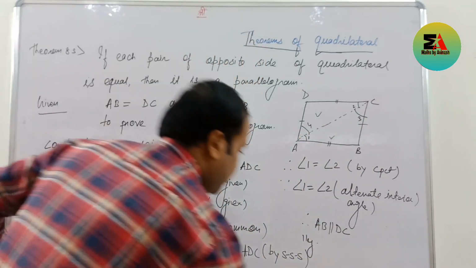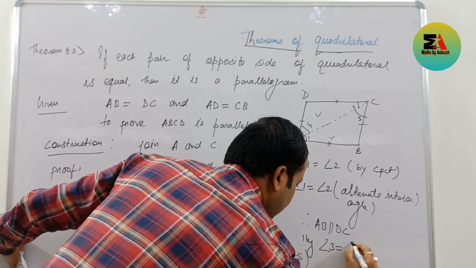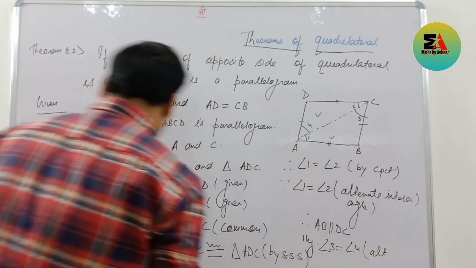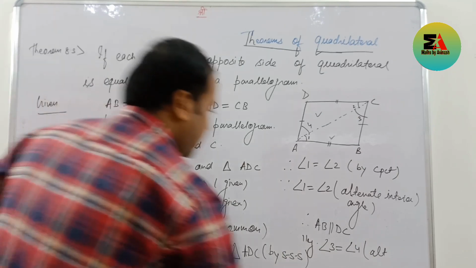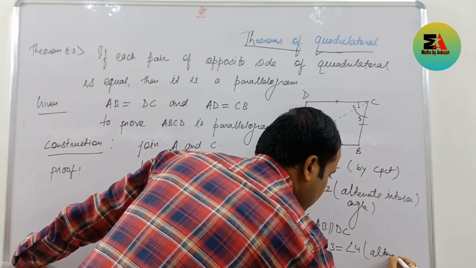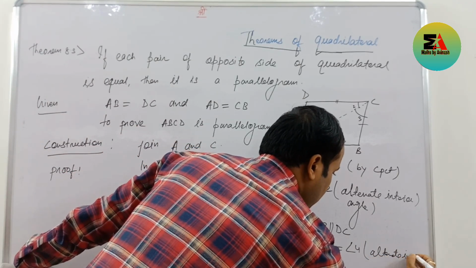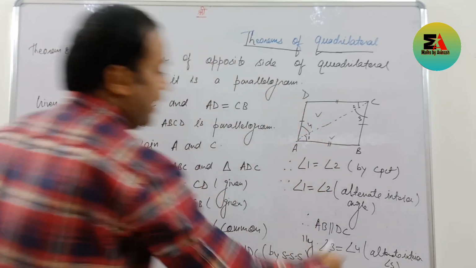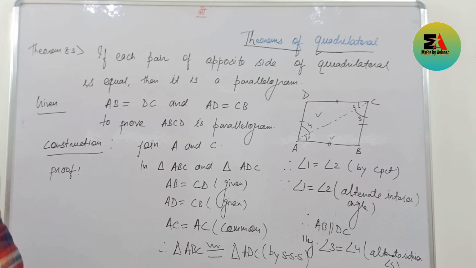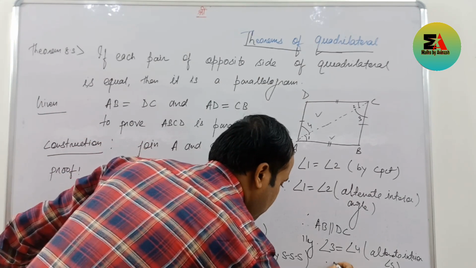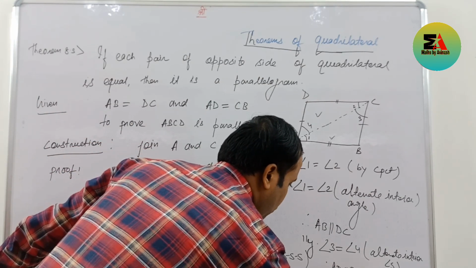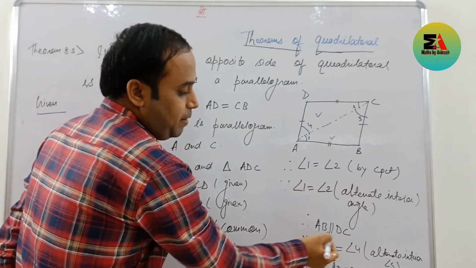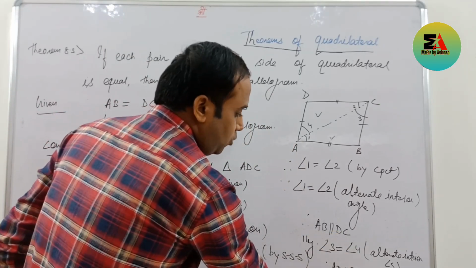So similarly, angle 3 equals angle 4, same reason: alternate interior angles. When alternate interior angles are formed, therefore AD is parallel to BC. See, first AB is parallel to DC and AD is parallel to BC.